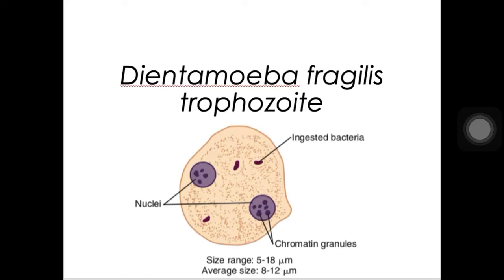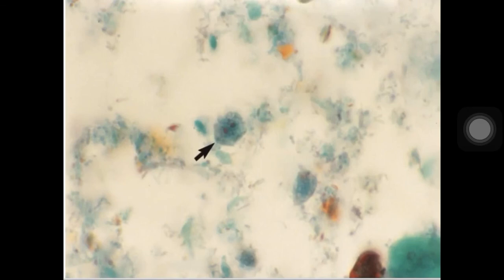So the Dientamoeba fragilis apparently lost its flagella, but based on genetic testing, its family is more closely related to your flagellates. And again, the organism is binucleated. So we have here a Dientamoeba fragilis binucleated trophocyte.